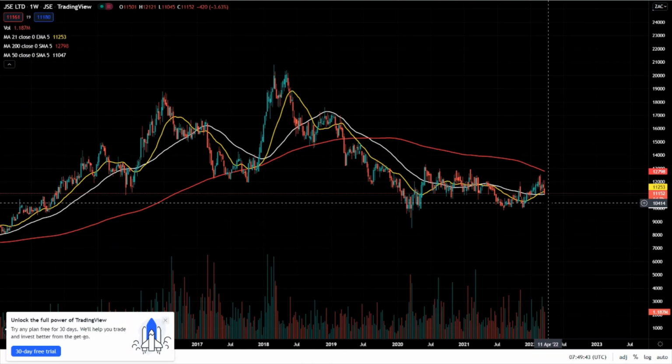Same with the Naspers chart that we looked at before. I'm not clear whether this is going to be moving towards an above average price. So I would now at this stage just wait and see what happens, and when averages start to move and climb towards and converge towards the 200 moving average in a bullish trend, then I would be very interested to buy that again.